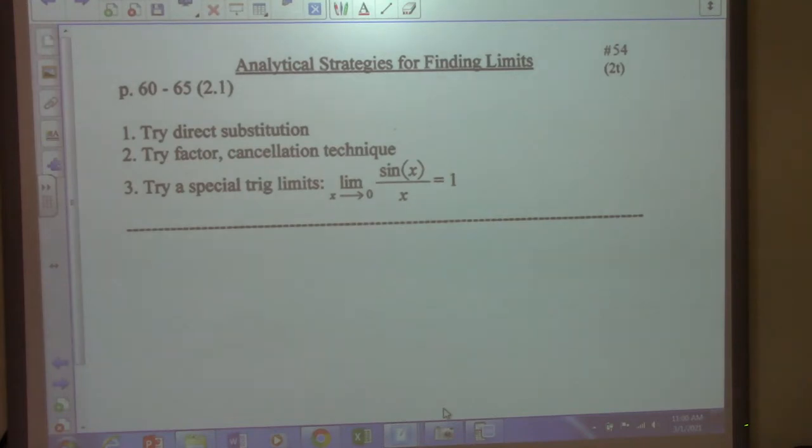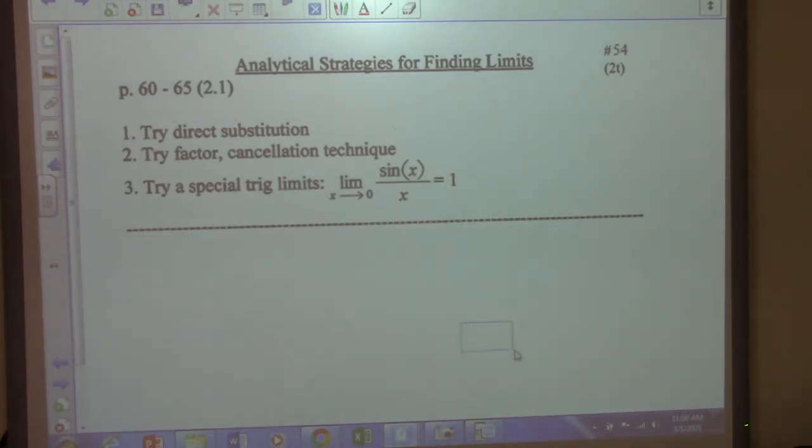But then we have special trig limit number 3: the limit as x approaches 0 of sine x over x equals 1. So basically you have preservation of ratios on that special trig limit. Other than that, it's really what we've done before.